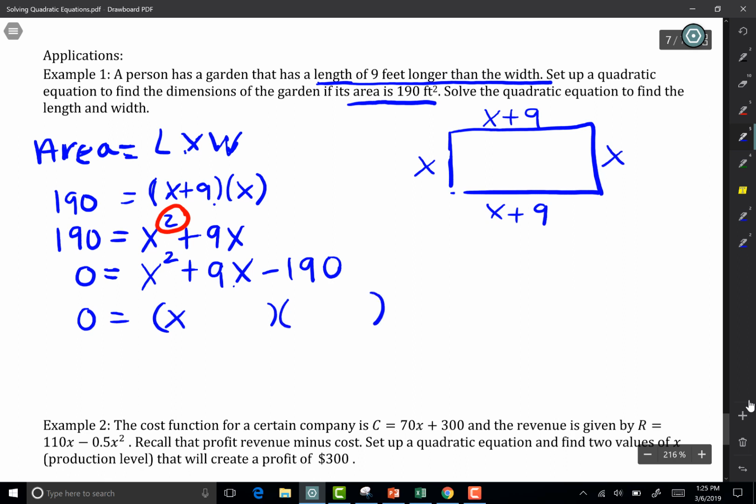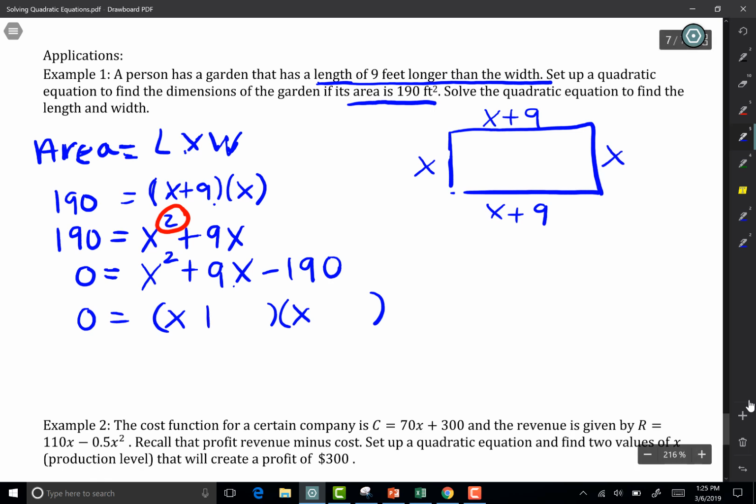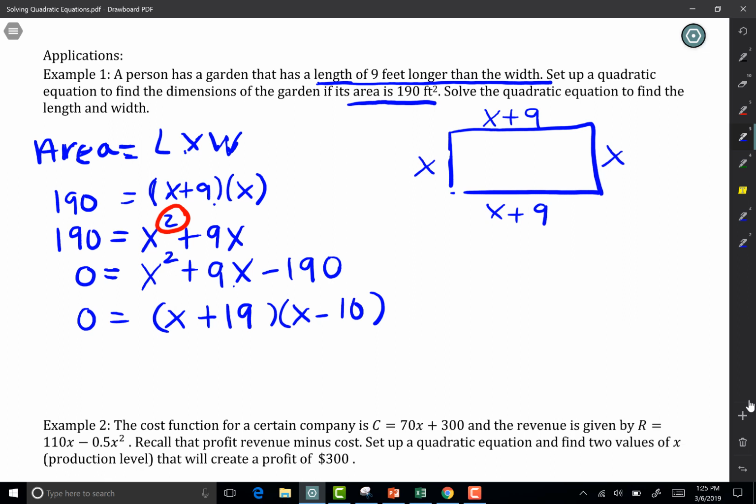So I want something that will multiply to give me negative 190, but add to give me plus 9. So how about we use plus 19 and a minus 10. When I multiply plus 19 and a negative 10, that gives me negative 190, but when I add them, it gives me a positive 9.